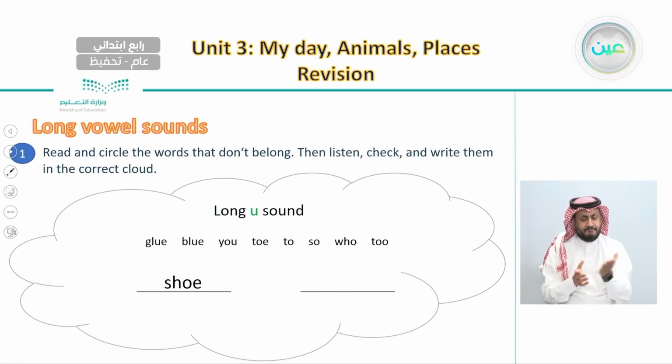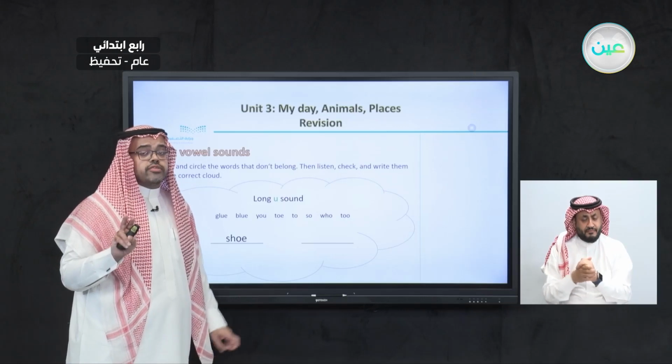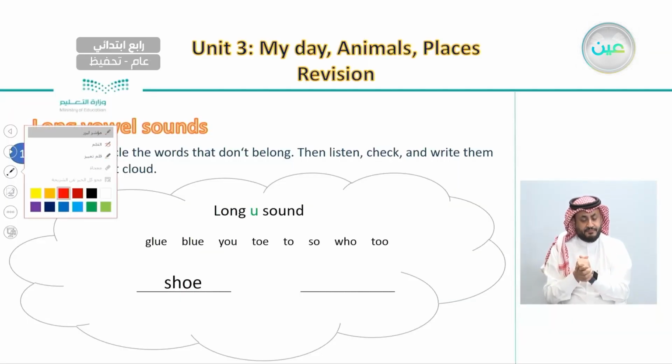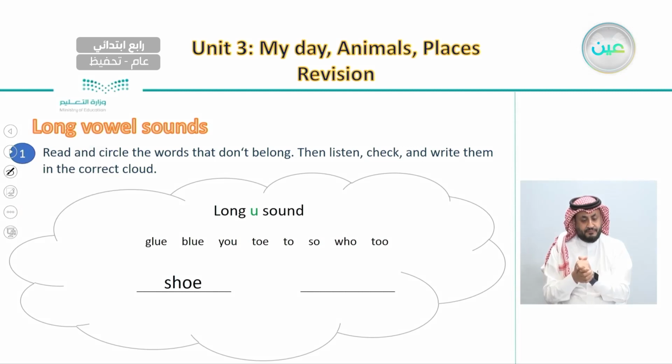So in the long U sound, we have 2 words that do not belong to this sound. We have glue, blue, you, to, who, to, shoe, and the 2 words that do not belong here are toe and so. So we circle toe and we circle so.